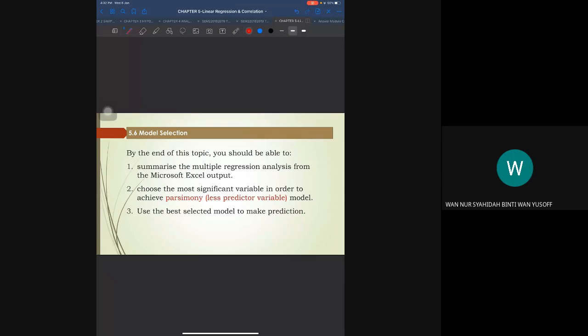So that's why usually we go to the model with fewer independent variables. Okay, so use the best selected model to make a prediction. When we have the best model, then we use that best model for the prediction.